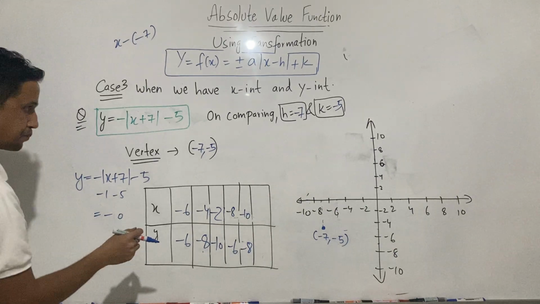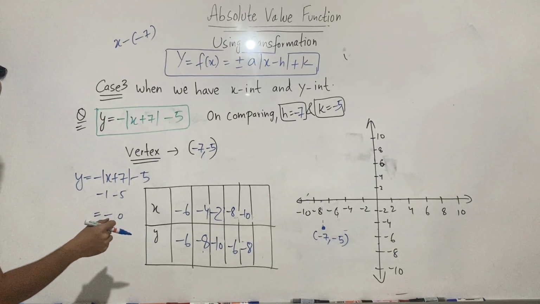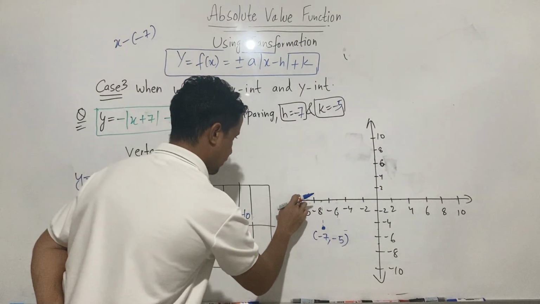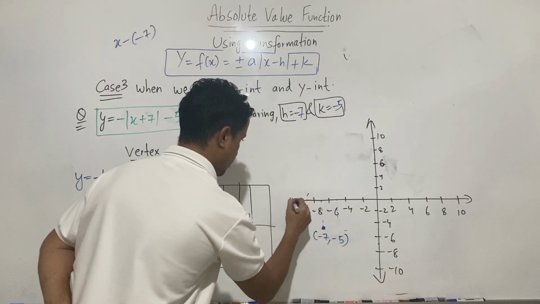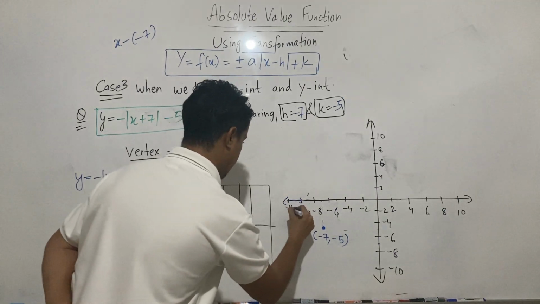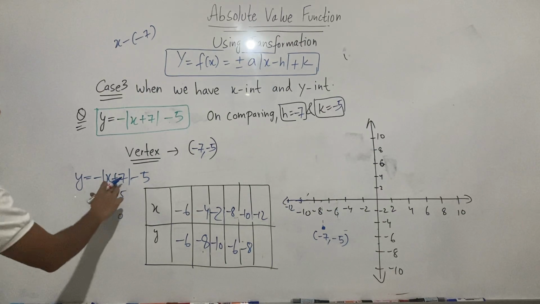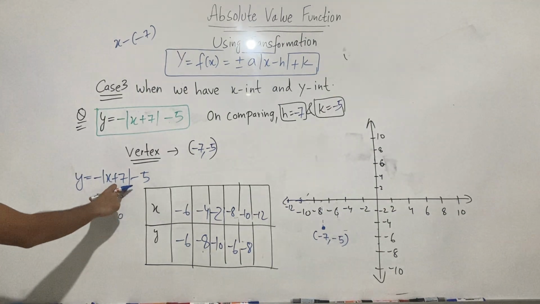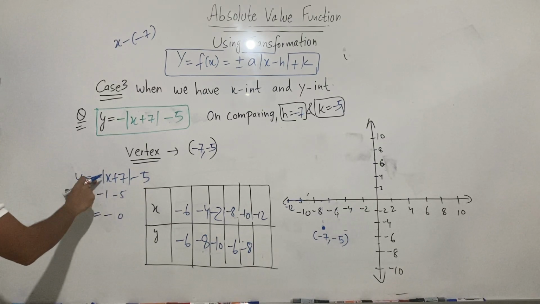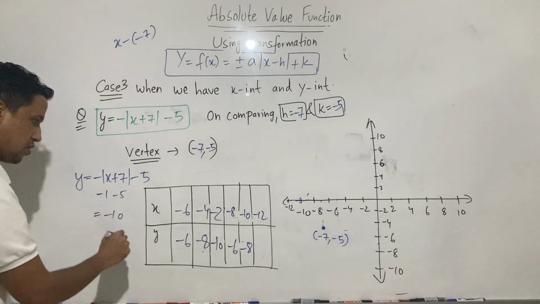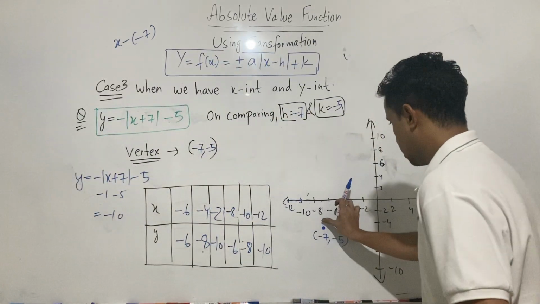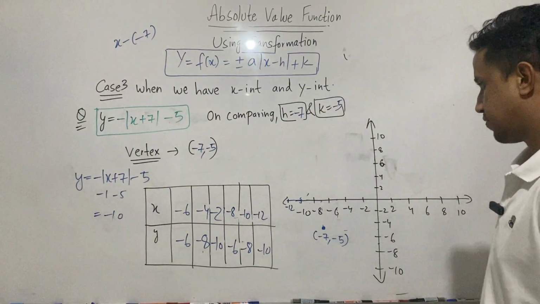Then minus 12: minus 12 plus 7 is minus 5, modulus 5, then minus 10. Now plot the graph.